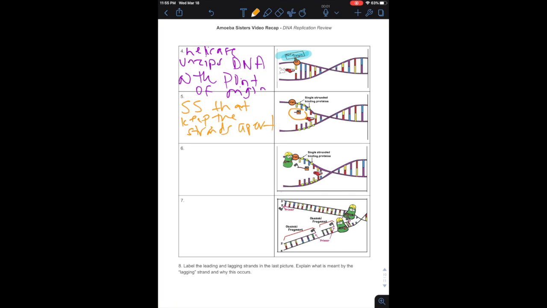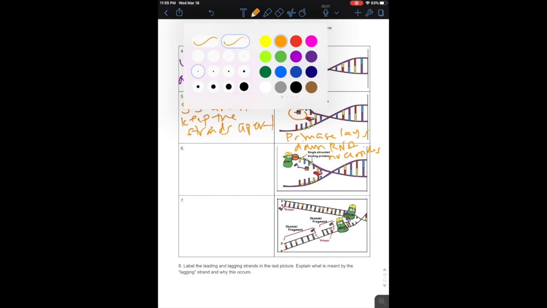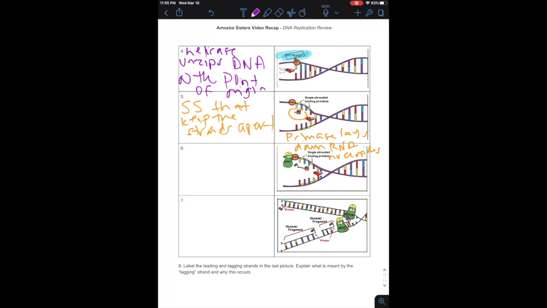But more importantly, in this step, primase lays down RNA nucleotides. Then next, we have DNA polymerase 3. Lays down DNA nucleotides.